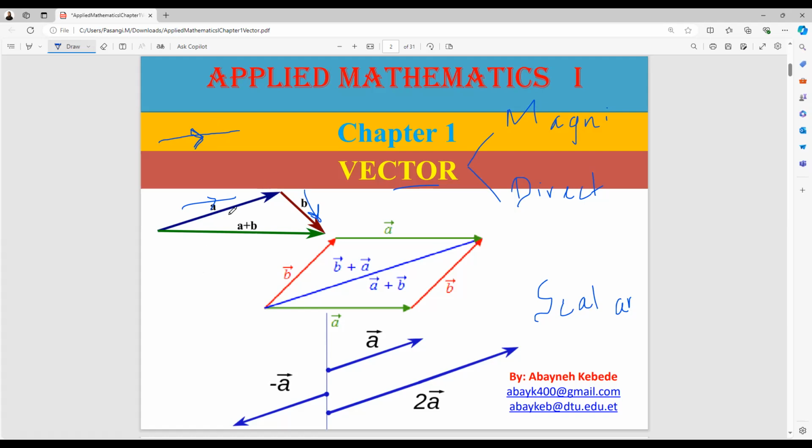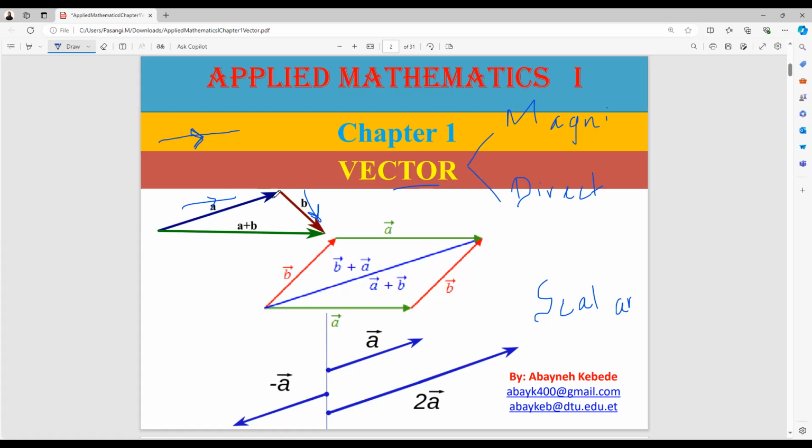Here, if you check this one, they have marked two vectors. One is vector A, and once vector A has ended, they have started vector B. So for vector A and vector B both, we have the direction as well as the magnitude.